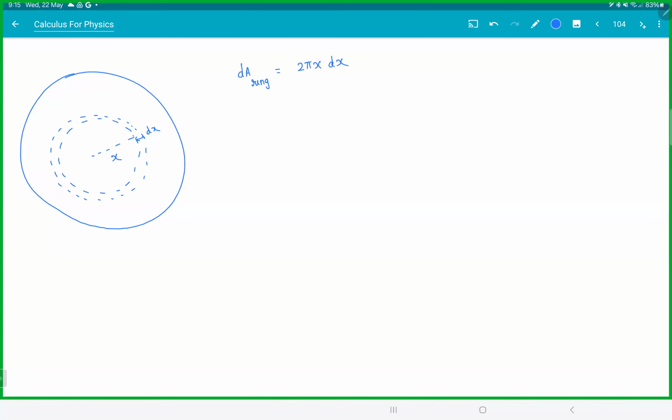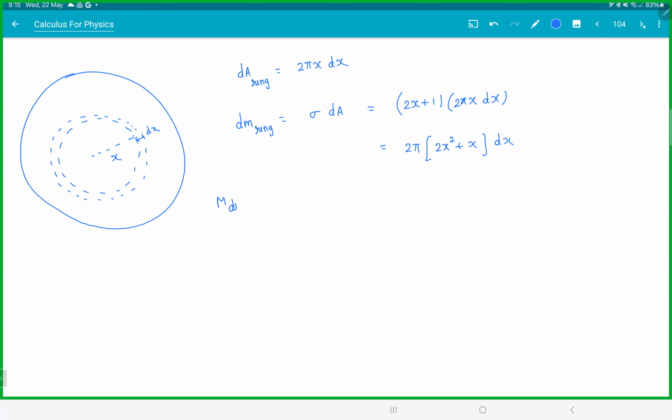Agreed? Now the mass of this ring, dm, is sigma into area, but sigma is given as 2x plus 1, into 2 pi x into dx. Which is 2 pi times (2x square plus x) into dx.